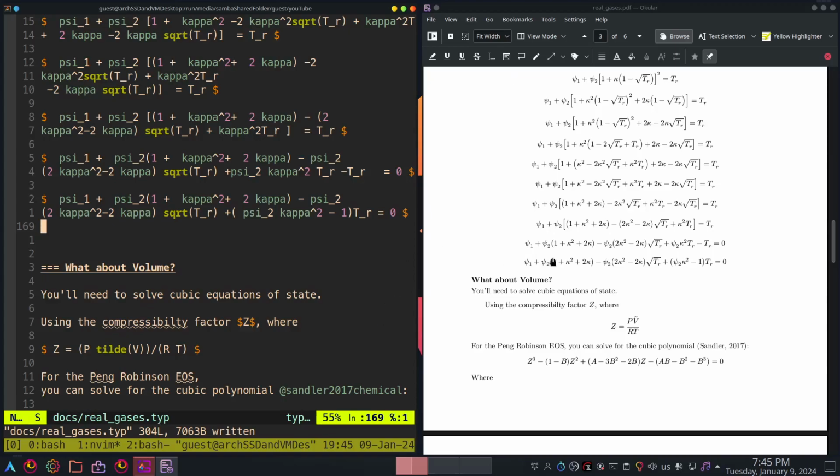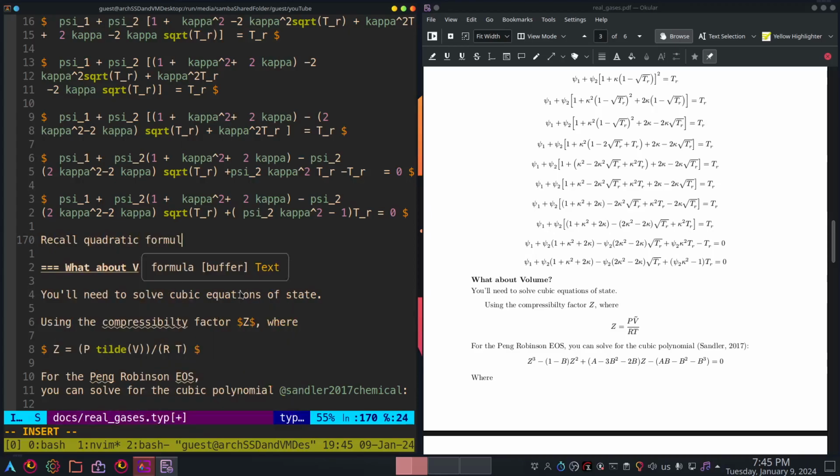So psi1 and this psi2 thing will be, let me write this out. Recall the quadratic formula.